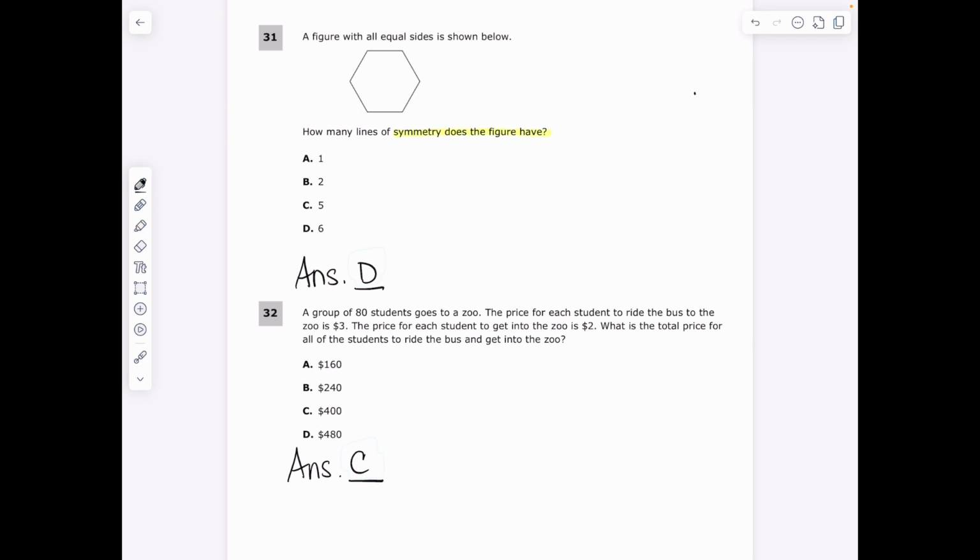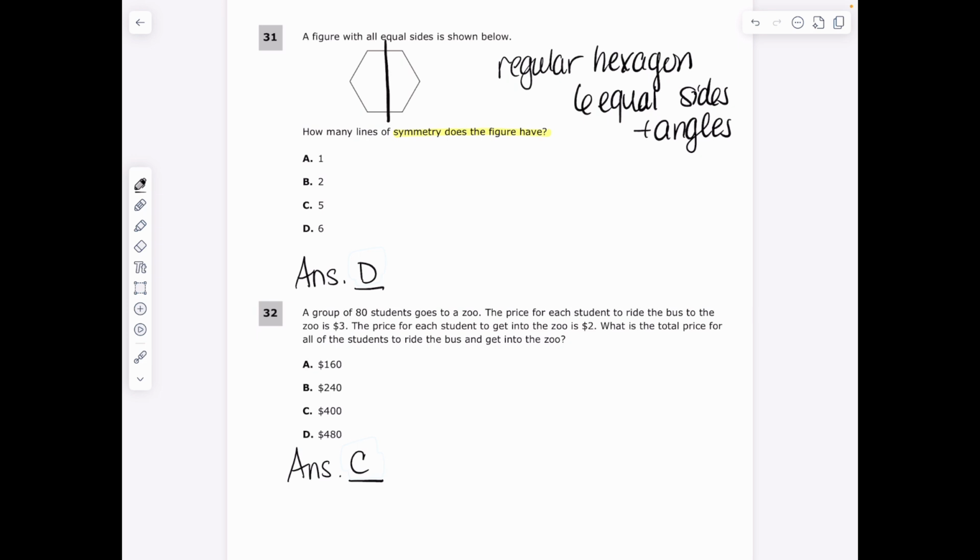This is a regular hexagon, which means it has 6 equal sides and angles. And that's important because it means I can turn it and it's going to have a lot of symmetry to it. So I'm going to start with the first place where I can cut it in half, which would be this way, just right down the middle. That's my first line of symmetry.